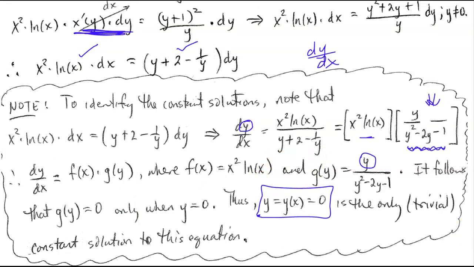Now, I also want you to note that if we were to look at this another way, I just did this as considering dy over dx because it's more of the traditional way of doing this. But what if we were looking for the constant solution for this case, okay?